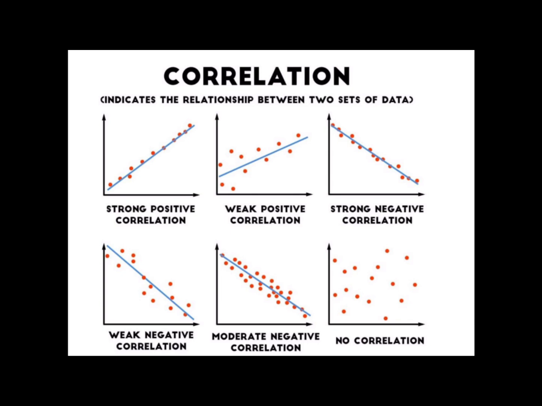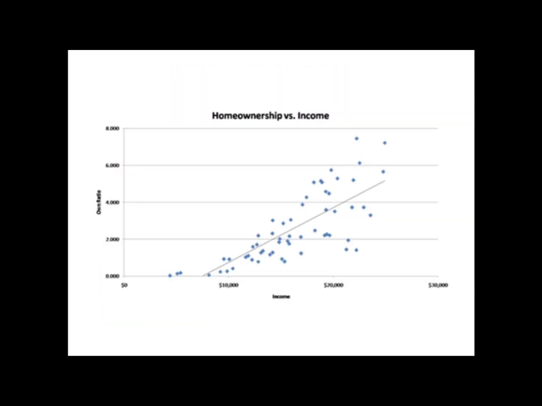So the thing to keep in mind is that blue line in each of those graphs, that is a trend line. And you don't absolutely have to have a trend line, but it helps the user interpret the scatter plot. So in this one, you can see you have all your points in your scatter plot, but you also have that light gray trend line.